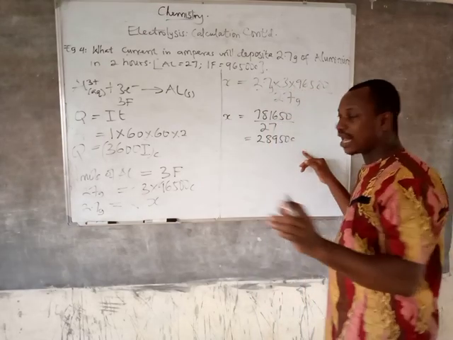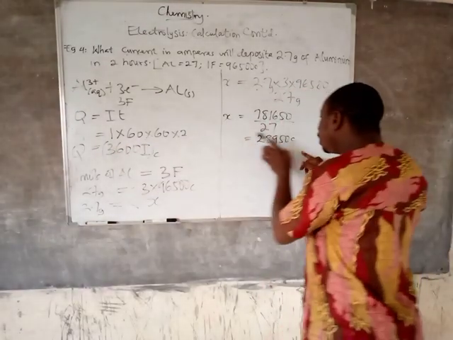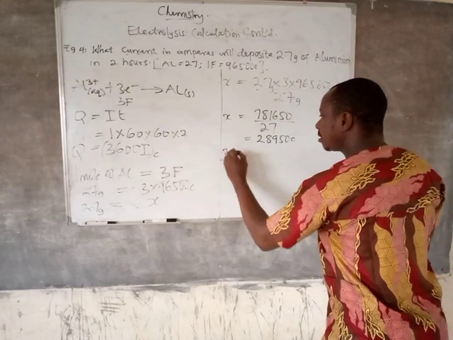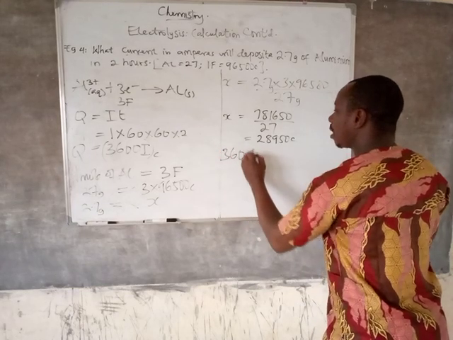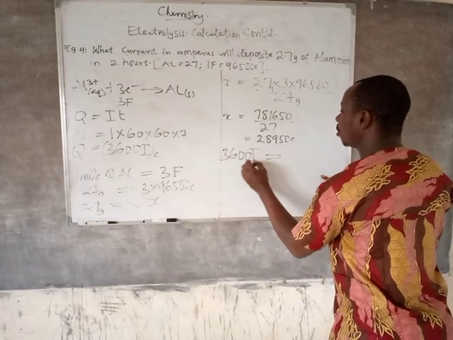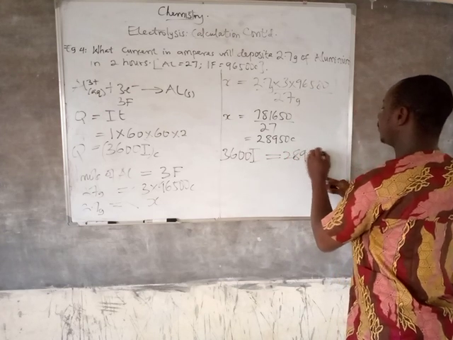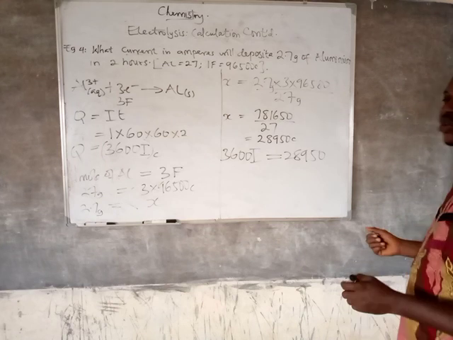How to get the current now? You equate this one with this one because both of them are in coulomb. 3600 I equals 28950.